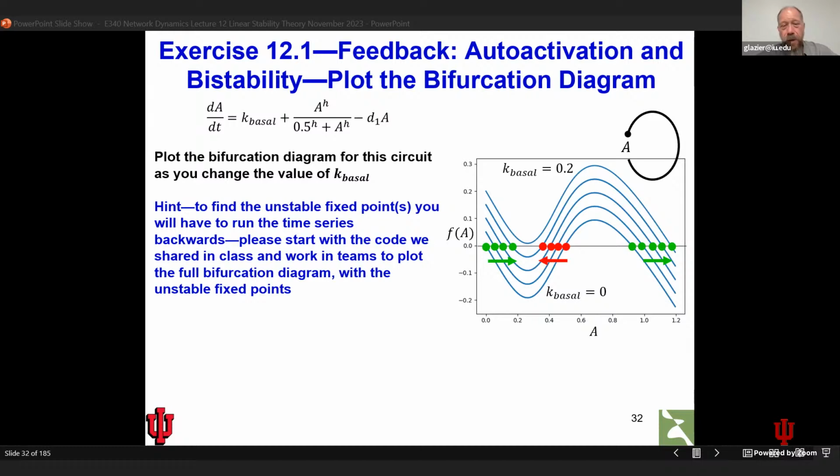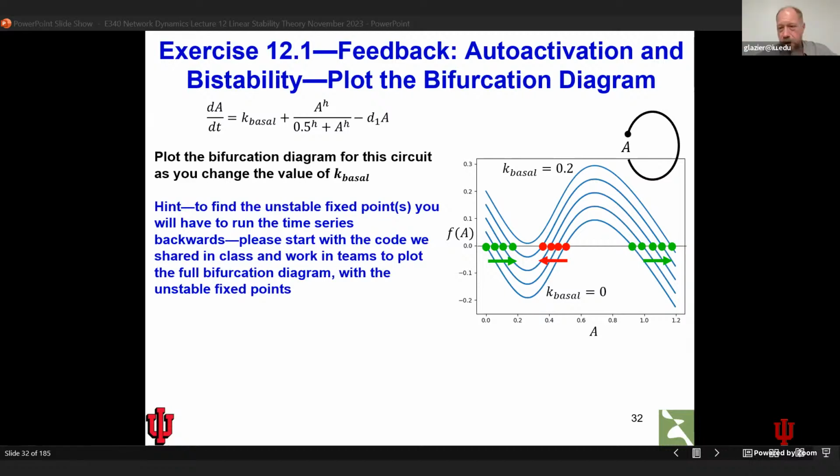I gave you a notebook a couple of weeks ago when we did this problem, which actually had this code in it to find the stable fixed points. What is missing from that code is the unstable fixed point finder. So to make this a tiny bit more than just running the code I gave you 3 or 4 weeks ago, I'm asking you to extend that code to find the unstable fixed point as well. Okay?